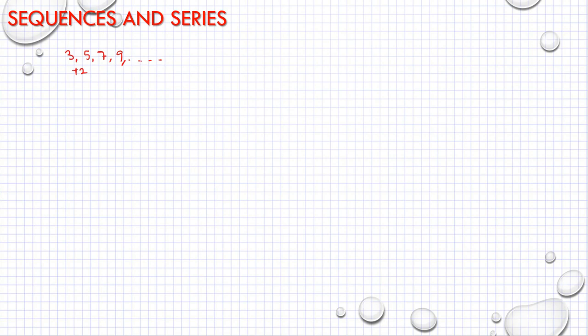A sequence can be indefinite, like what I put here with the dots. That means it is indefinite, but it is also definite if I write, for example, 9, 16, and 25. So this is a definite sequence. But usually in mathematics, we're dealing with the indefinite sequence.